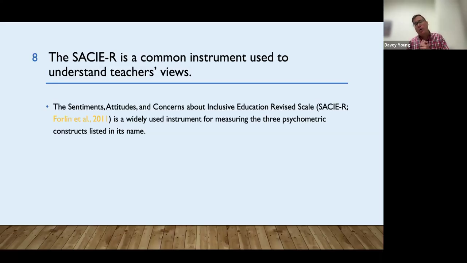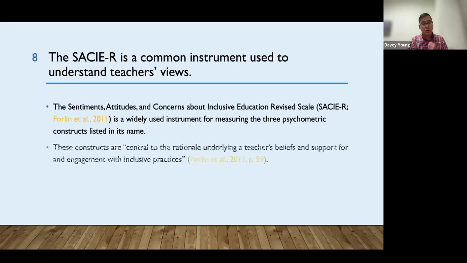And this instrument now has been used in dozens of studies in various contexts, from elementary through post-secondary contexts around the world, translated into different languages. So very commonly used. And it measures the 3 psychometric constructs listed in its name: sentiments, attitudes, and concerns.